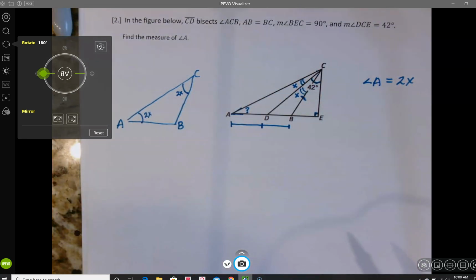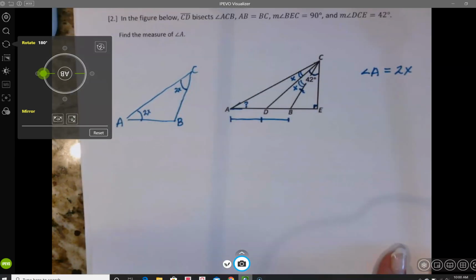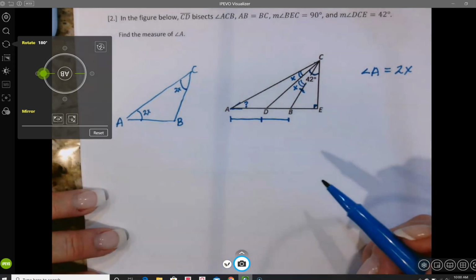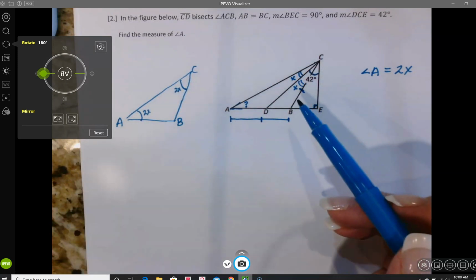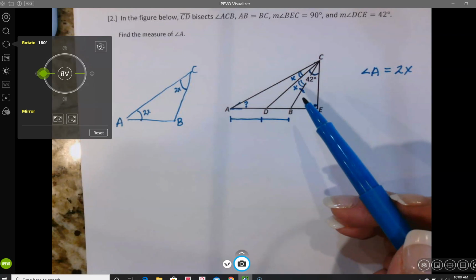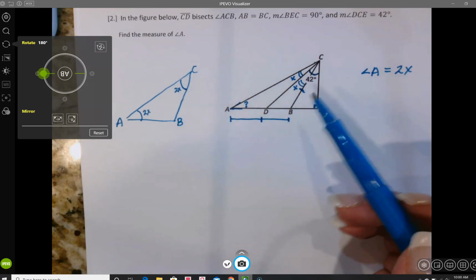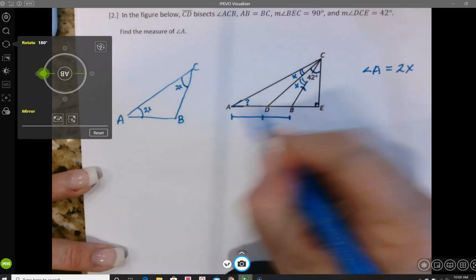That helps me know that if I can figure out what angle B is, then I have enough information to find these other angles. So that's where they look to find the solution. Okay, so they're going to use triangle ACE.